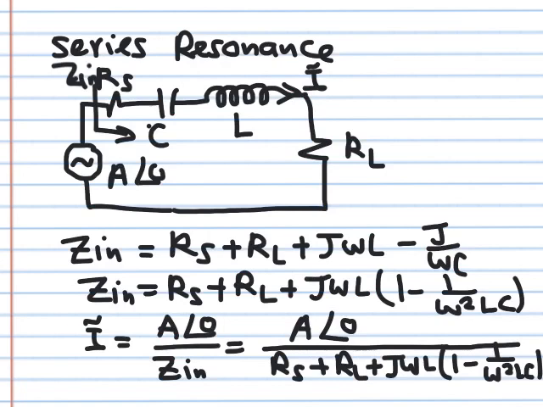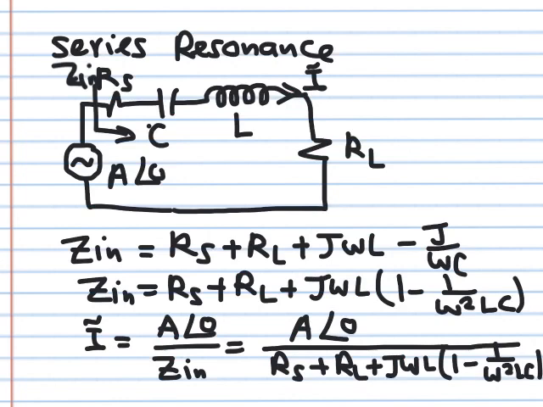If you want to get the amplitude of the current, you have to take the modulus of this term. If you take the modulus, you get the modulus of the numerator divided by the modulus of the denominator. The modulus of the denominator is the square root of the real part squared, which is Rs plus RL squared, plus the imaginary part squared. The imaginary part is omega L multiplying 1 minus 1 over omega squared LC.